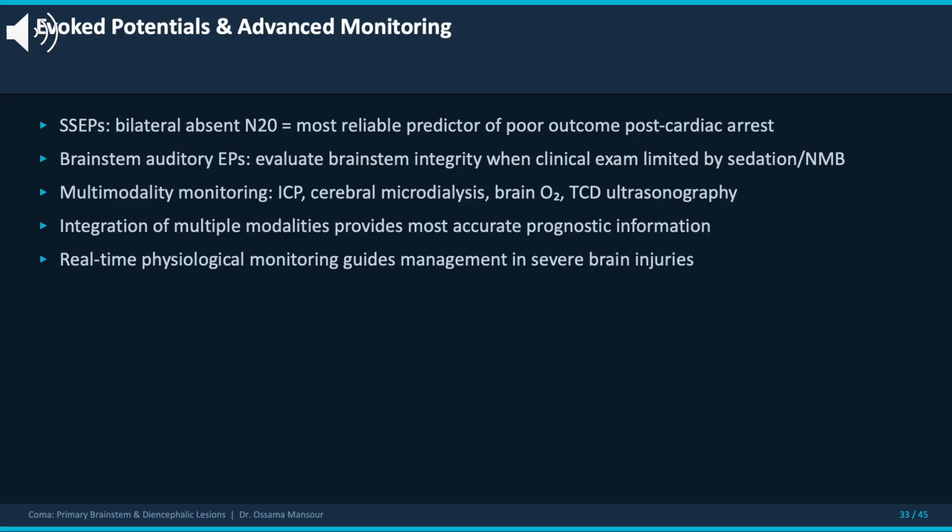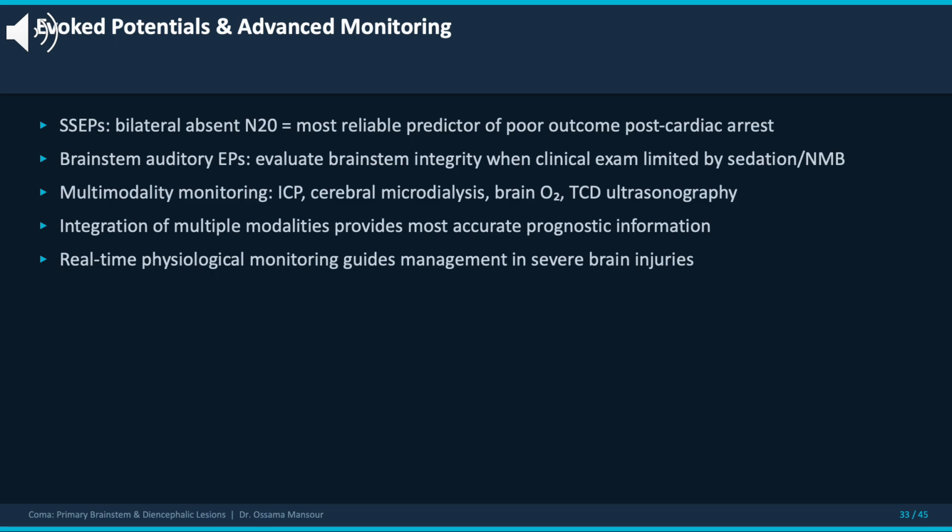Beyond EEG, evoked potentials provide complementary information about the integrity of specific sensory pathways and have established roles in prognostication. Somatosensory evoked potentials, abbreviated SSEPs, assess the integrity of the somatosensory pathway from peripheral nerve through the spinal cord, brainstem, and thalamus to the primary somatosensory cortex.